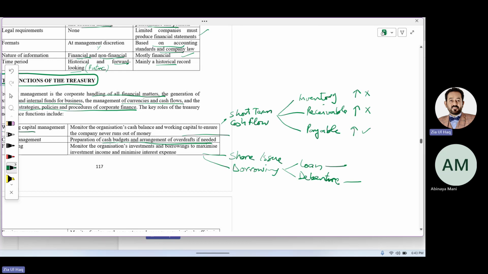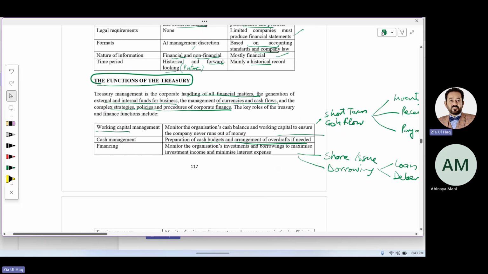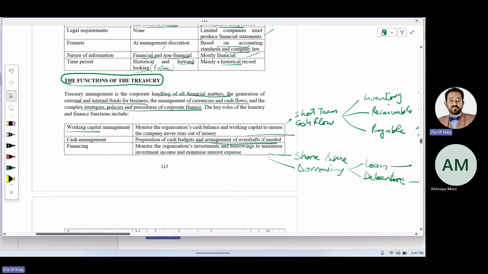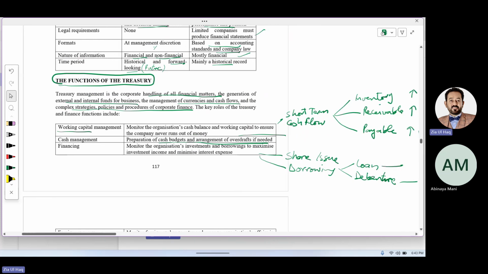And against debenture, company will pay them interest as well on yearly basis. So debenture is borrowing. From where? From public. Loan is from bank. So this is called financing. How financing is managed, from where company can take finance either through issue of shares, that will be called equity. Issuing share is called equity, or borrowing. Borrowing means loan or debenture.